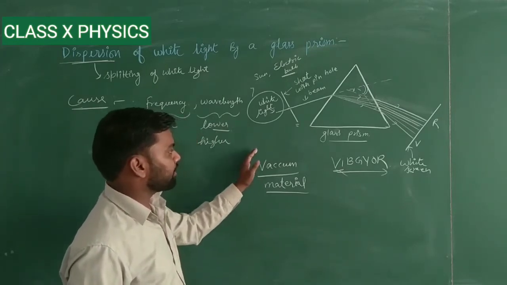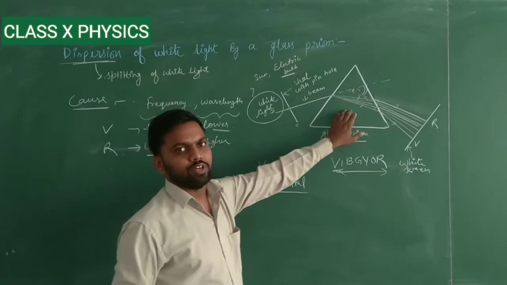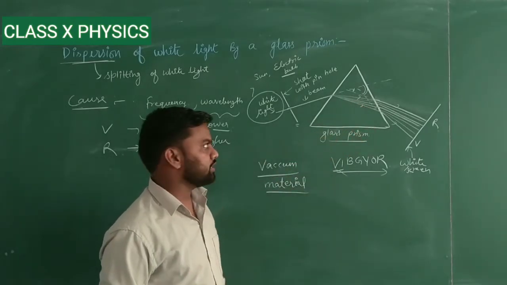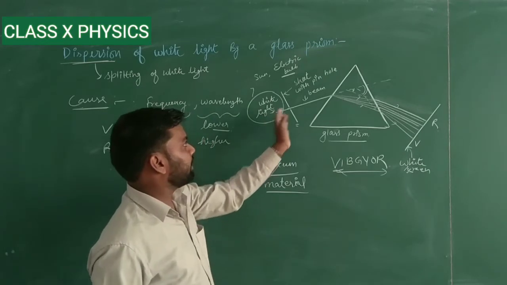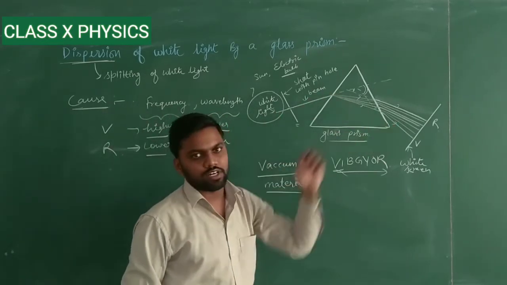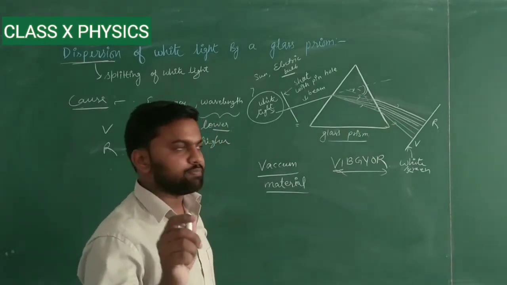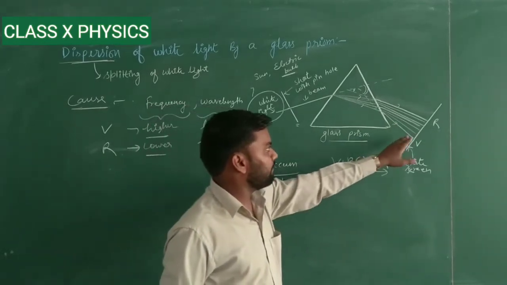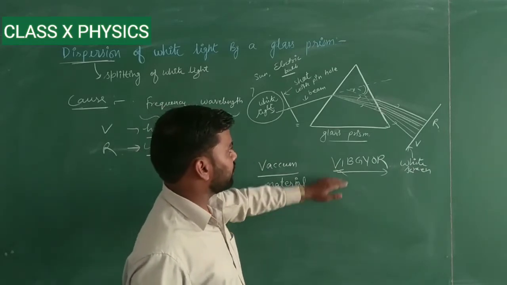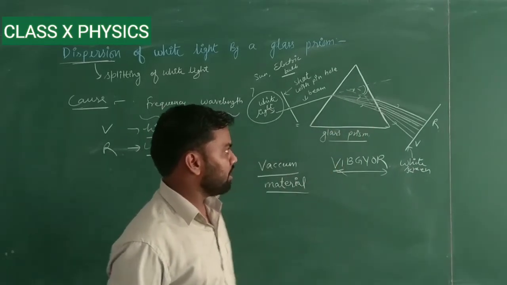Because it is not in vacuum, it is going through a certain medium, so definitely it will affect the speed of light. Now in this case, whenever white light comes through a prism, it splits up into seven colors due to the variation in the speed of light of every color. So it is happening due to the variation in speed of light here.